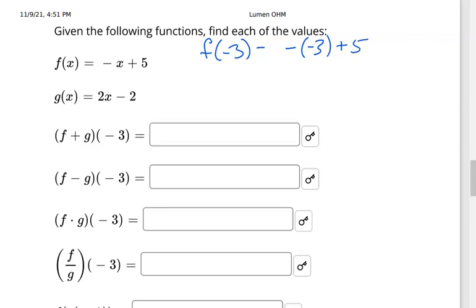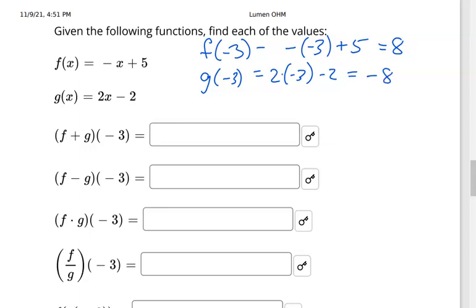Oh, that's equal to positive 3 plus 5 equals 8. And now g of negative 3 is 2 times negative 3 minus 2. And that equals negative 6 minus 2 equals negative 8.